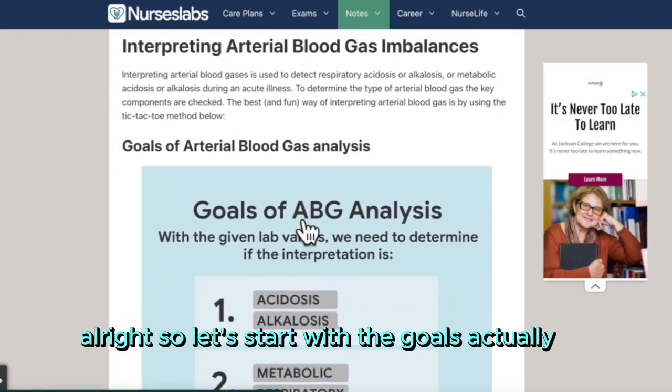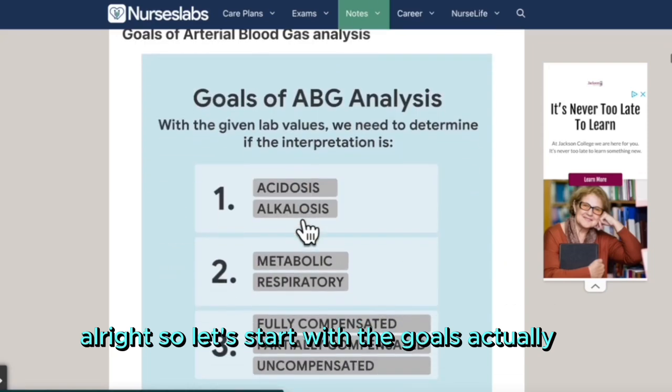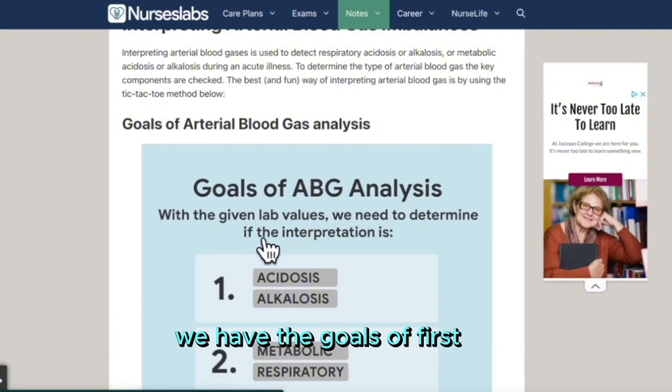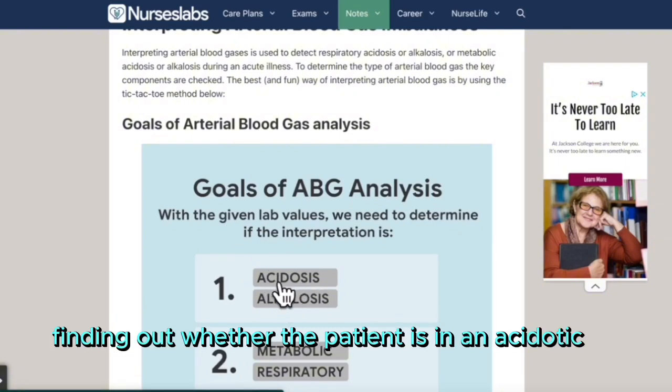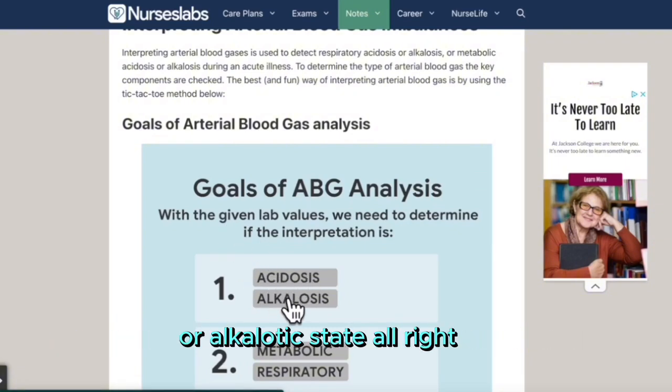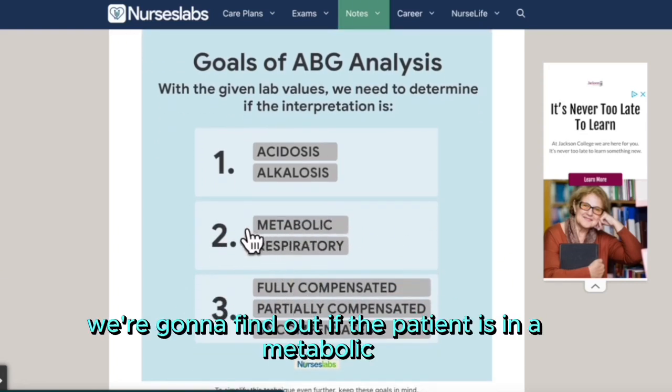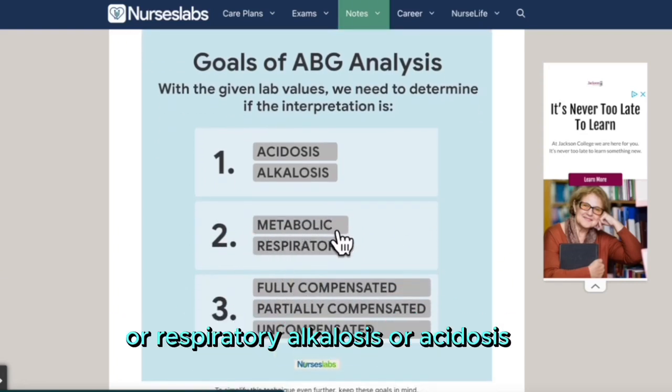All right, so let's start with the goals. Actually, we only have goals 1 and 2 on NCLEX. We have the goals of first finding out whether the patient is in an acidotic or alkalotic state, then finding out if the patient is in a metabolic or respiratory alkalosis or acidosis.